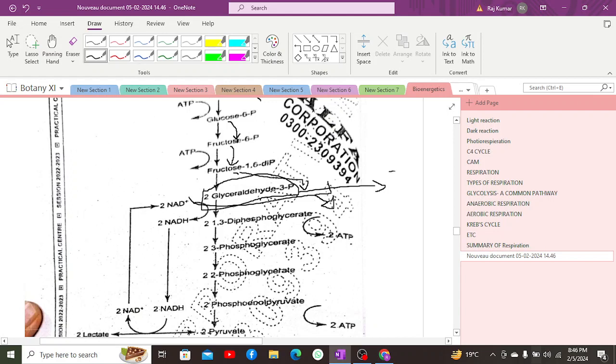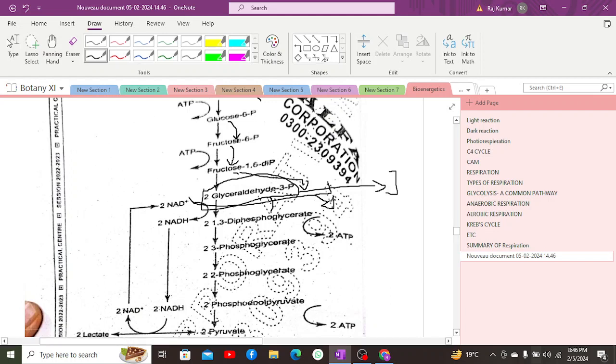These are both coupled reactions, which means they occur together. After that, the two glyceraldehyde 3 phosphate are converted into diphosphoglycerate. This is the first step in which dehydrogenation and phosphorylation occur together. After that, diphosphoglycerate will be converted into phosphoglycerate, releasing two molecules of ATP.